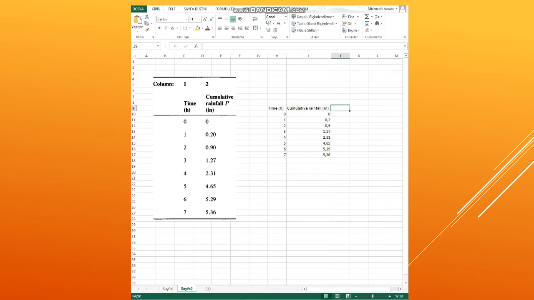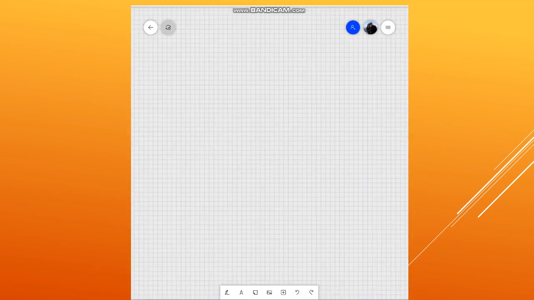Right now I need to calculate the cumulative abstraction, which is IA. We know that IA is equal to 0.2 times the potential maximum retention. So let's write it down here.